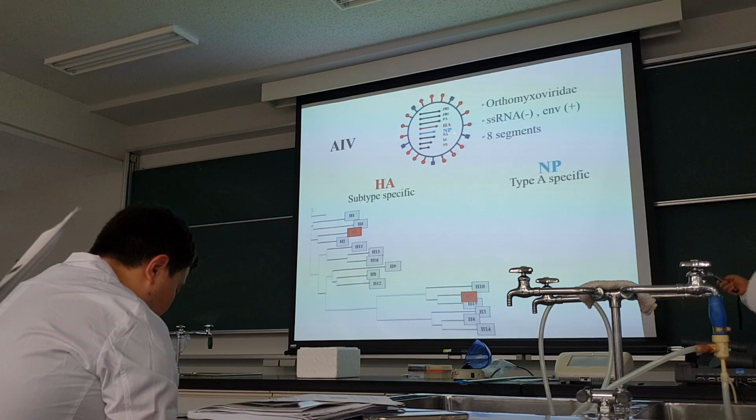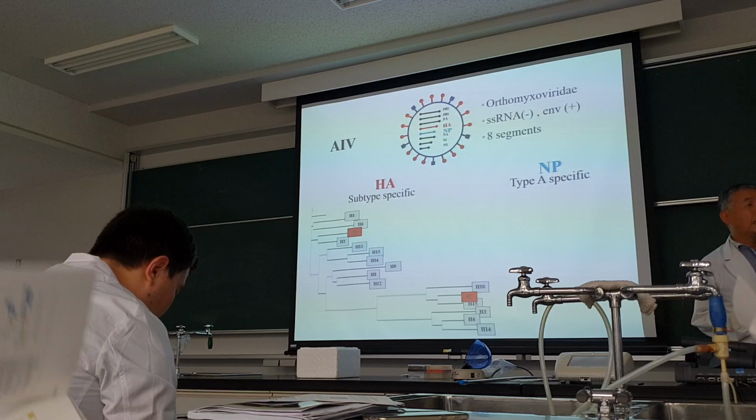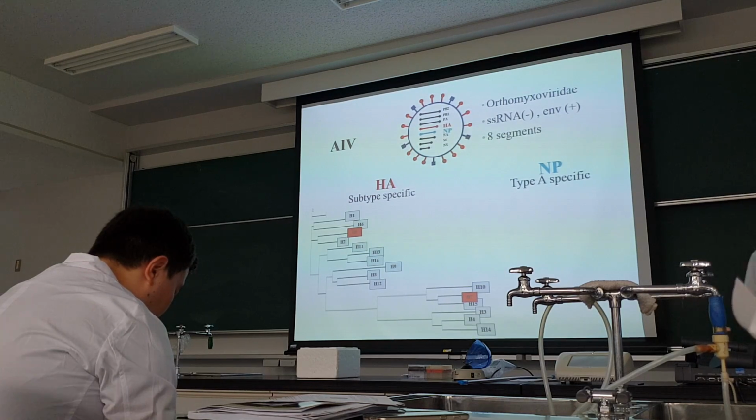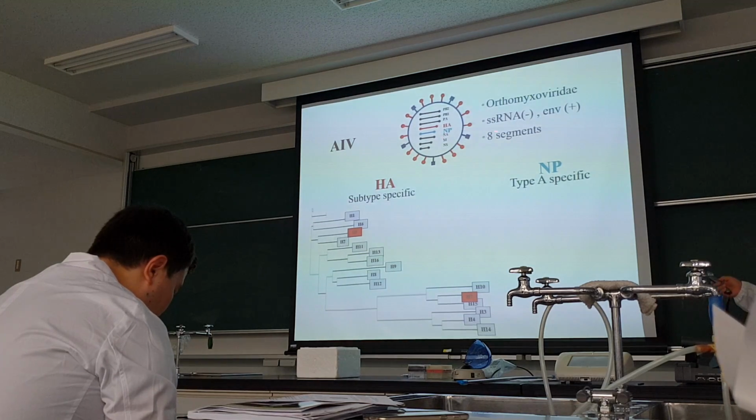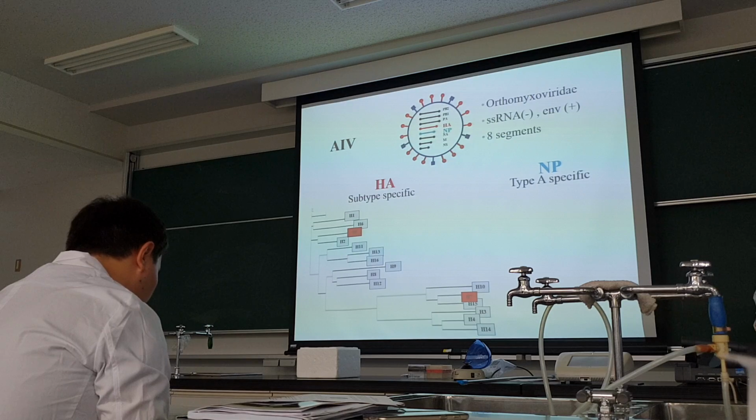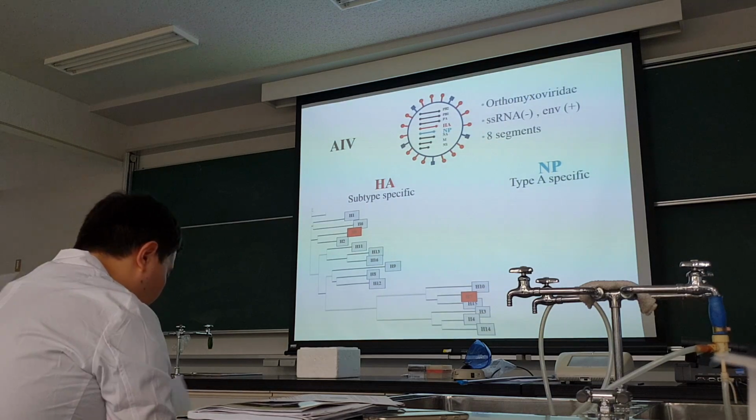And also, NP is common among type A influenza. So if we can detect these genes, it means this sample contains avian influenza.